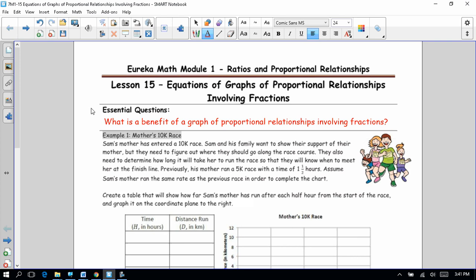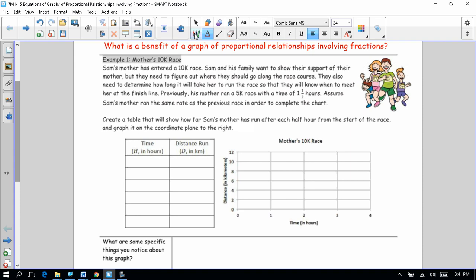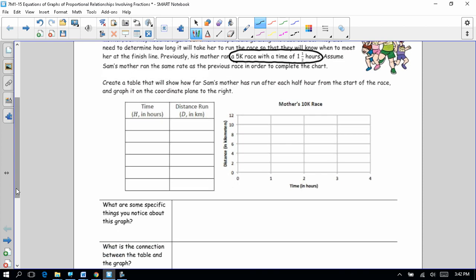All right, so we're going to come down here and fill in this chart. We know that she ran a 5K in 1.5 hours. I'm going to keep track of the time, maybe every half hour: half an hour, 1 hour, 1.5 hours, 2 hours, 2.5 hours, and 3 hours.